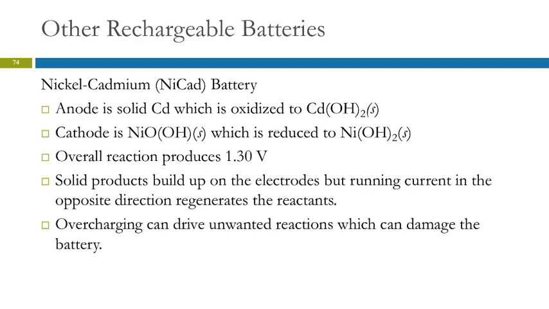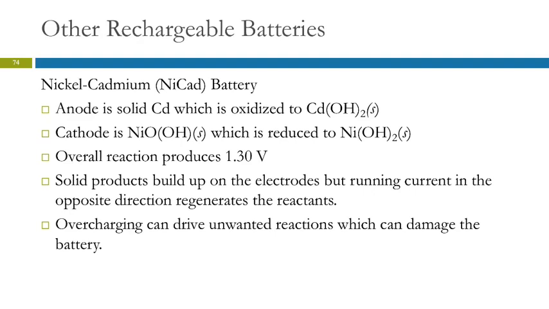That gets reduced to nickel 2 hydroxide, and the overall reaction produces 1.3 volts. So again, solid products build up on the electrodes, but you can recharge them by running current in the opposite direction. If you overcharge a nickel cadmium battery, then you produce other reactions that actually damage the battery.